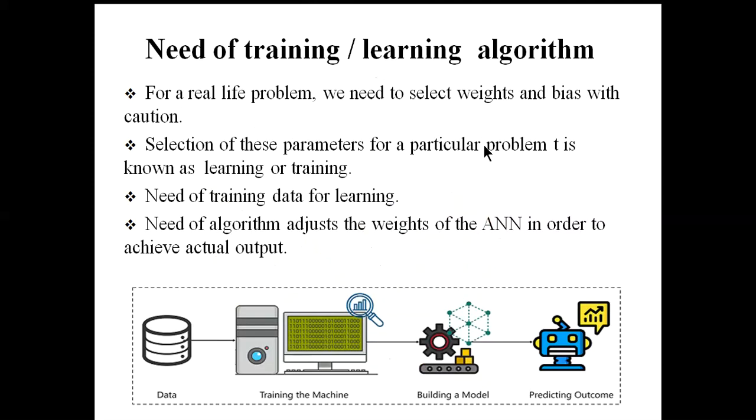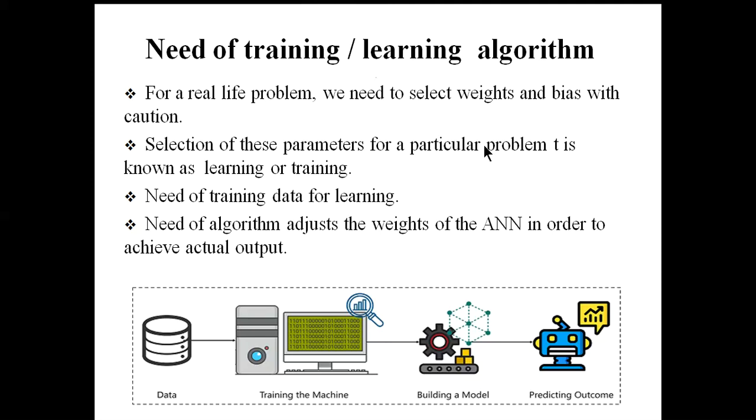Okay, now coming to the learning algorithm. What is a learning algorithm? For a real life problem, for a particular problem, the values of weight and bias are unknown to us. So basically, we have to select weight and bias with great caution, because based on the values of weight and bias, the output or decision can change. So the selection of these parameters for a particular problem is nothing but learning or training.